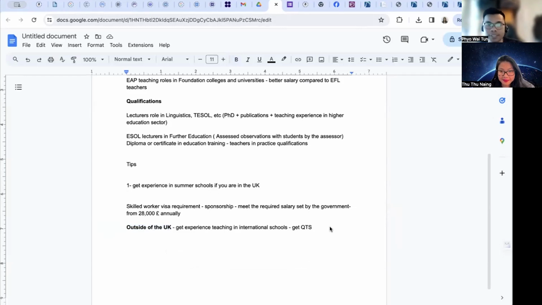They study here, and while studying they try to get the certificates they need and practical teaching experience. Then they have 2 years after the master's degree to apply for and manage a job. So maybe that will be the possible option.